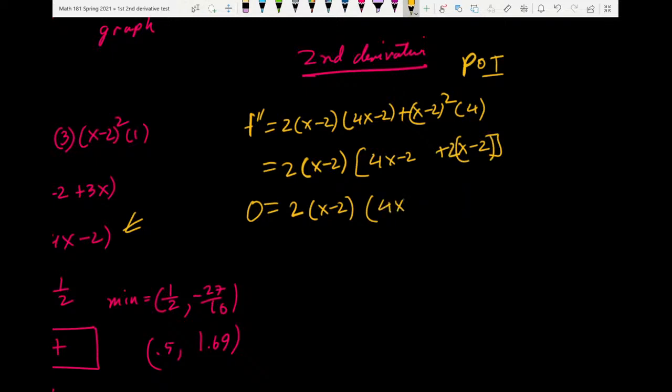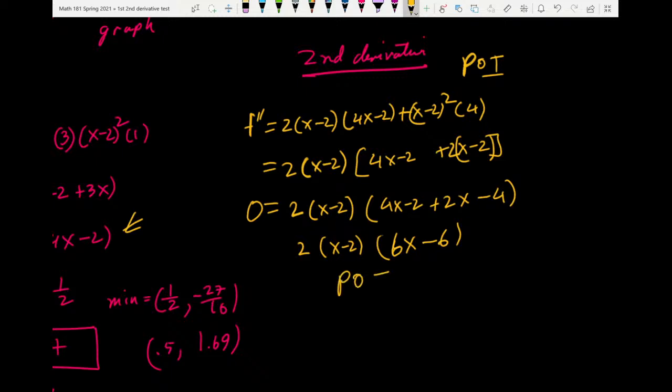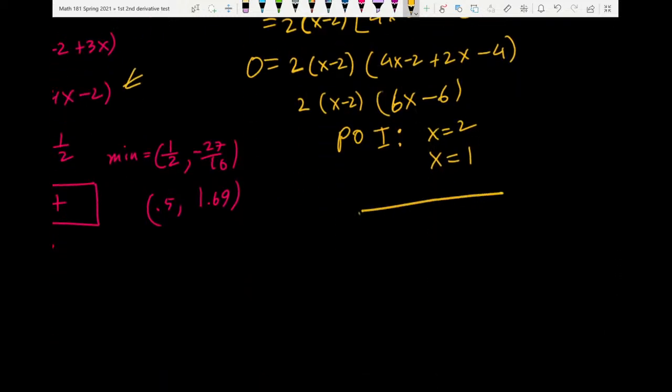So it's 4x minus 2 plus 2x minus 4. So now this will look nicer. 6x minus 6. There you go. So my POI are going to be x equal 2 and x equal 1. And let's look at the point of inflection again. You're going to get positive, negative, positive.